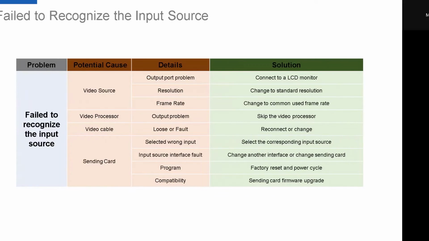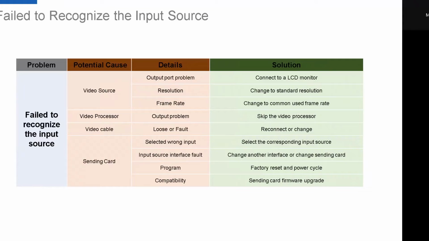After checking the output port, resolution, and frame rate of the video source, if the issue remains, we need to move to the second potential cause, which is the video processor. Make sure both the input and output are good. We can use a very easy way to test it out.